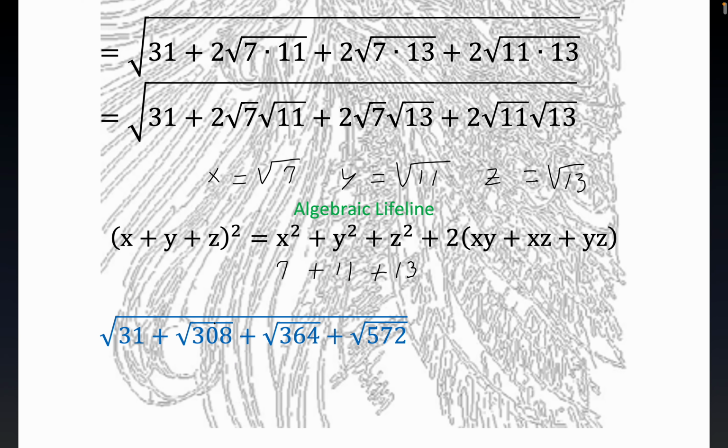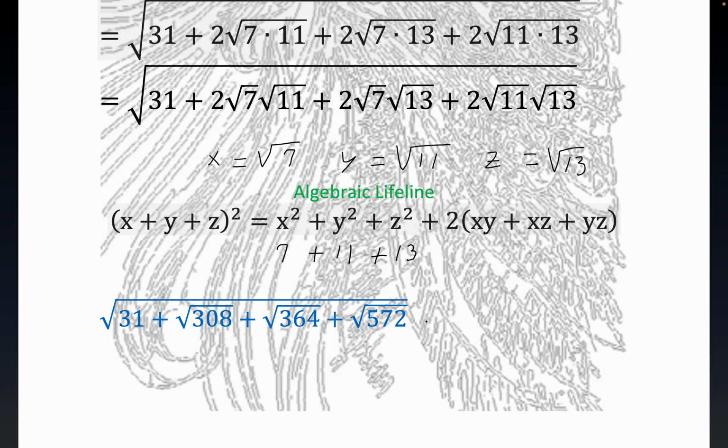And so what we would get right here is that this would be equal to the square root of the square root of 7 plus the square root of 11 plus the square root of 13, quantity squared.